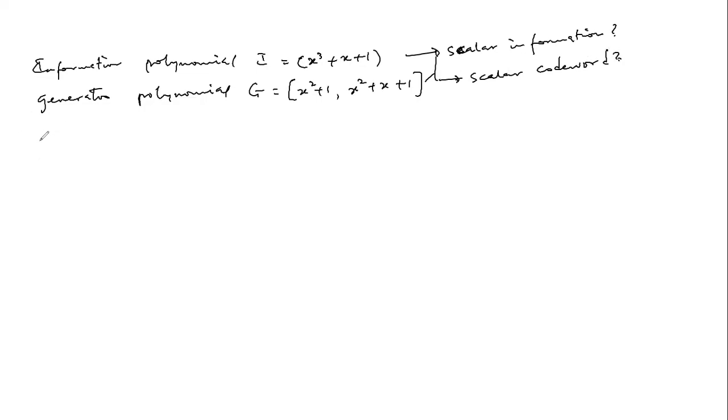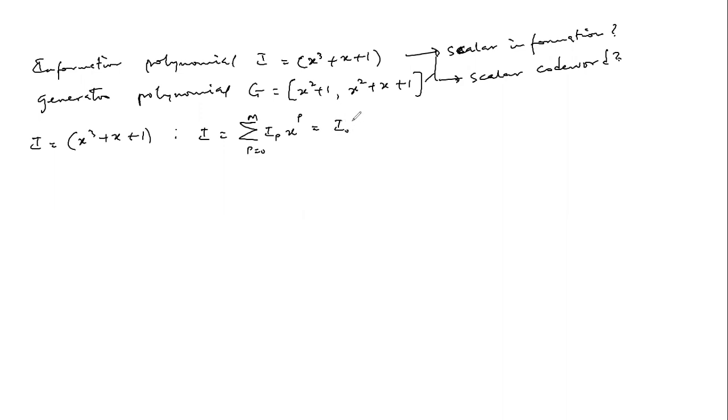Now we know that the polynomial information is given as x cubed plus x plus 1. We also know that the scalar information I can be given as the summation for p equal to 0 to n of I sub p, x to the power of p.